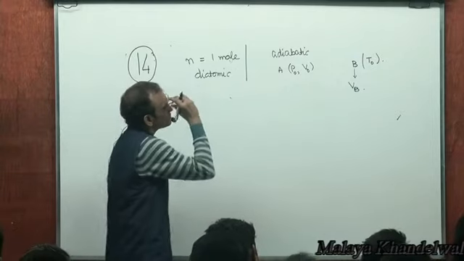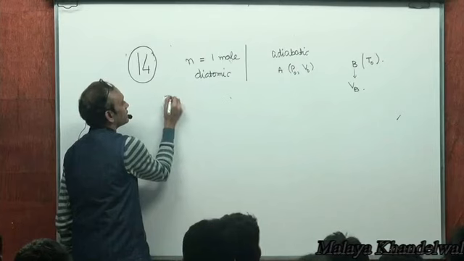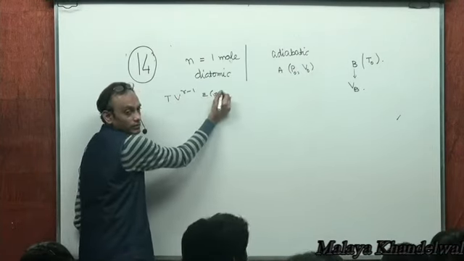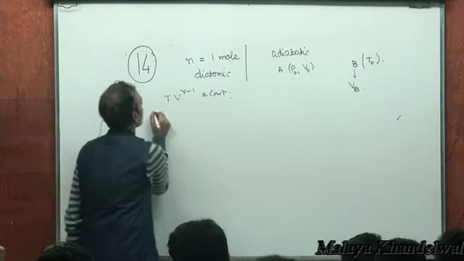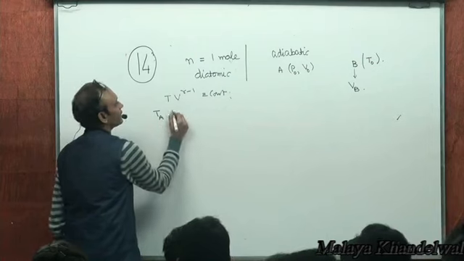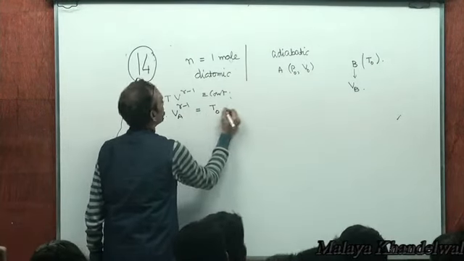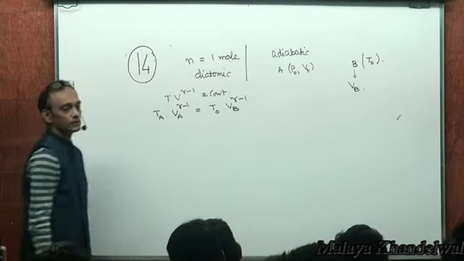Now, simple. For an adiabatic process, TV to the power gamma minus 1 is constant, isn't it? That means temperature at A into volume at A to power gamma minus 1 is temperature at B into volume at B to power gamma minus 1.